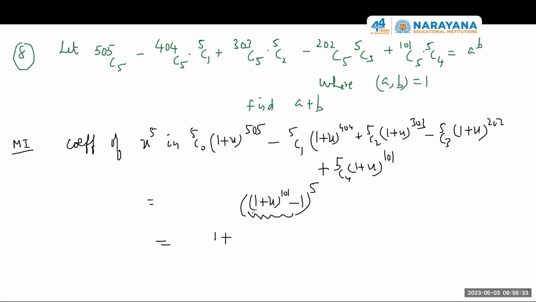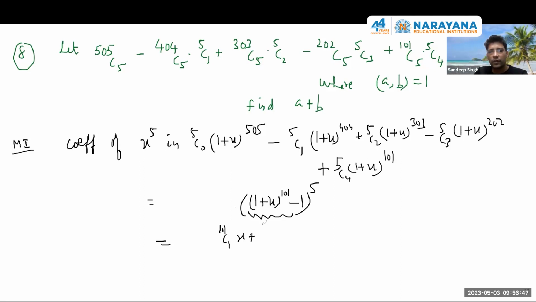There will only be one term of x power 5. 1 plus x, in fact not x, this one will get cancelled, no? So 1 plus c1 x plus c2 x square, like that, c4 and so on, power, and this whole power 5.